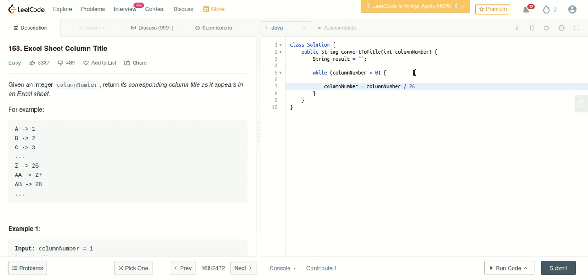If it is not 26, then we would seek the next result.